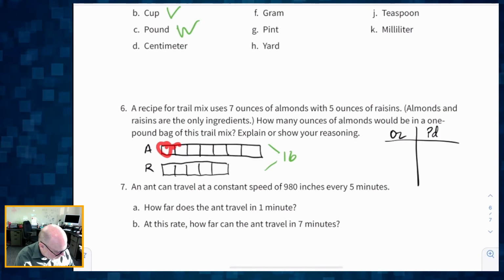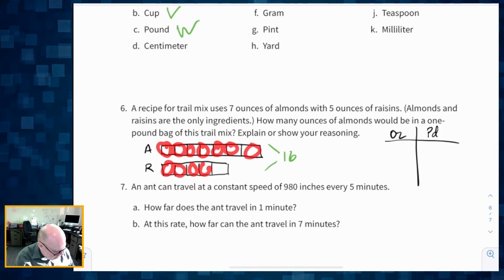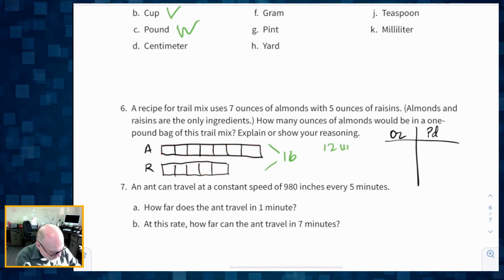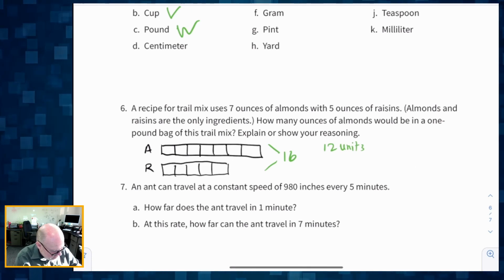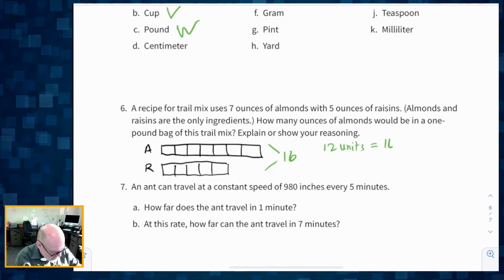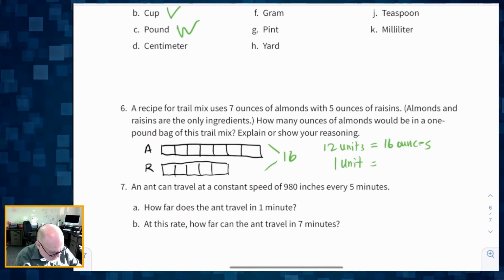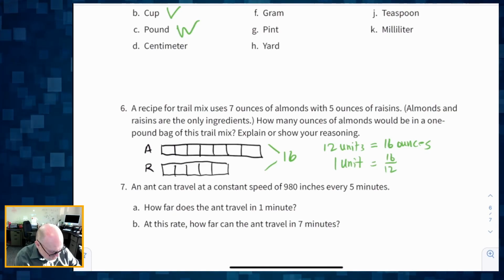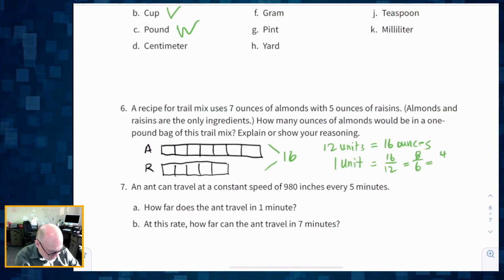So we've got 1, 2, 3, 4, 5, 6, 7, 8, 9, 10, 11, 12. These 12 units are equal to 16 ounces. So that means 1 unit is equal to 16 twelfths ounces, which reduces to 8 sixths, which reduces to 4 thirds.